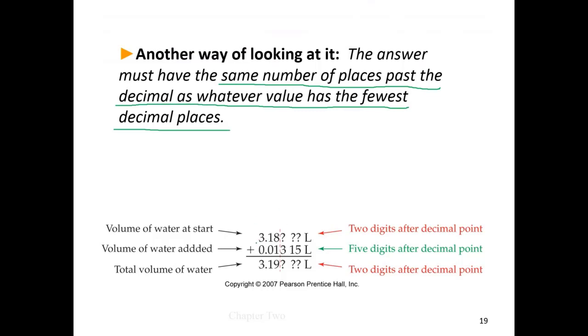In this case, this first number has 2 digits past the decimal place. The one on the bottom has 5 digits after the decimal point. So which has the fewest? The 2. And therefore the answer has 2 digits past the decimal point.